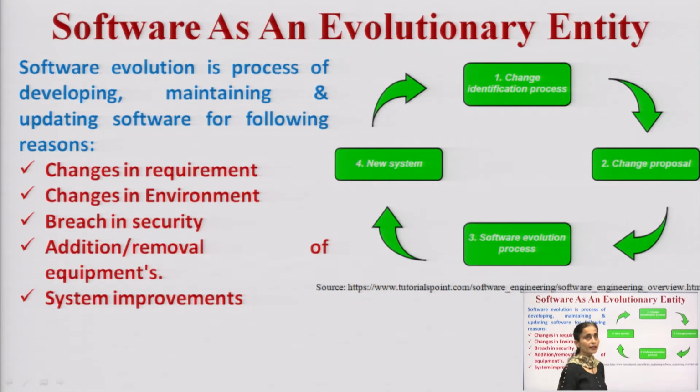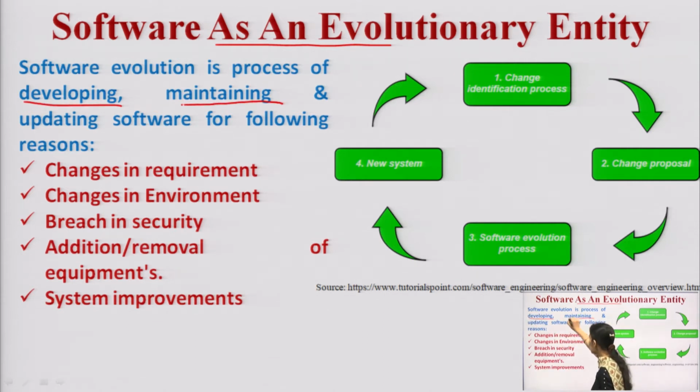Then let us understand software as an evolutionary entity. Software evolution is defined as a process of developing, maintaining, and updating my software for the following reasons.